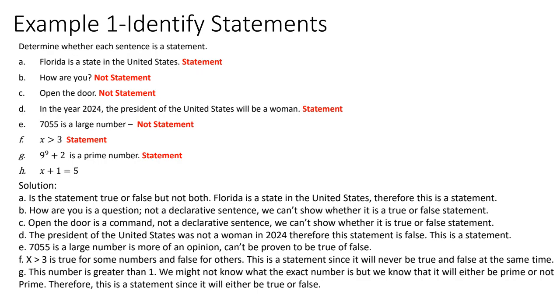In fact, we know that the only number for which it is true is if X is 4, because 4 plus 1 would be equal to 5. If X is any other number, it's going to be false. And therefore, because it has those two possibilities only and it cannot be both at the same time, it's considered an open statement. So that was my last example.